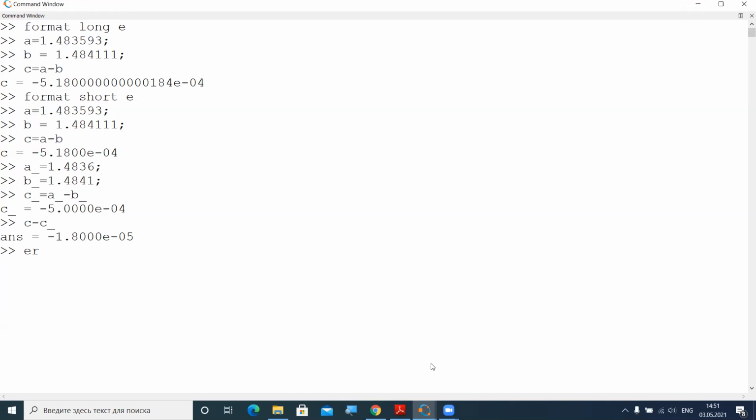Now, since we have a difference, we have an error. Let's find this error, denoted by ER. How do we find the error? Who can answer this question? Relative error. It is the absolute value of c minus c underline over the absolute value of the real one, with respect to this real subtraction.